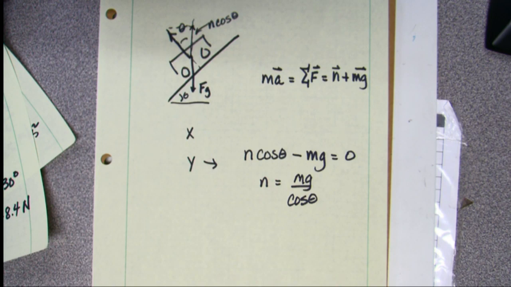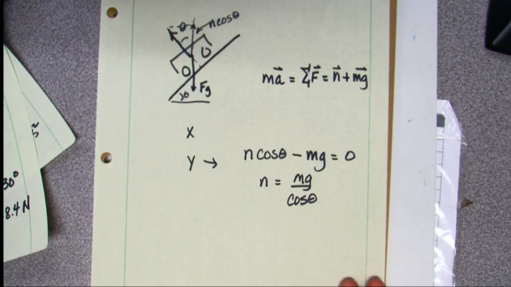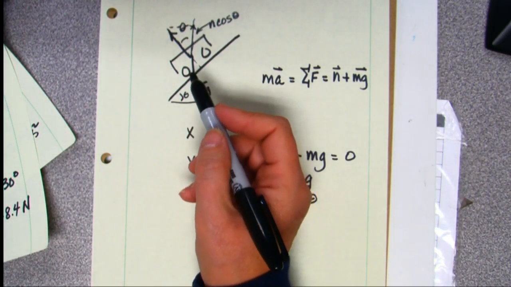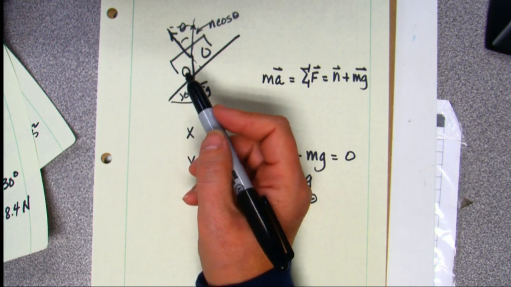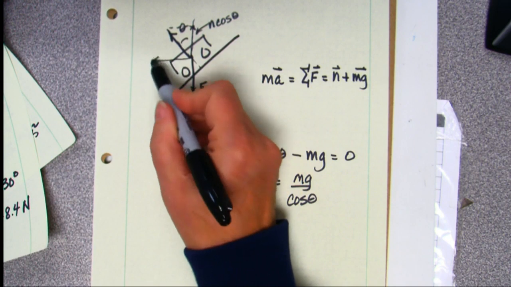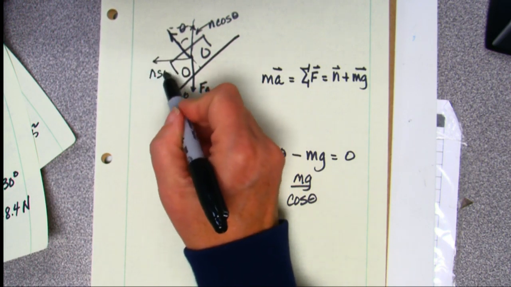Now if we do the horizontal components, it's going to be this way, and this is going to be n sine of my angle.